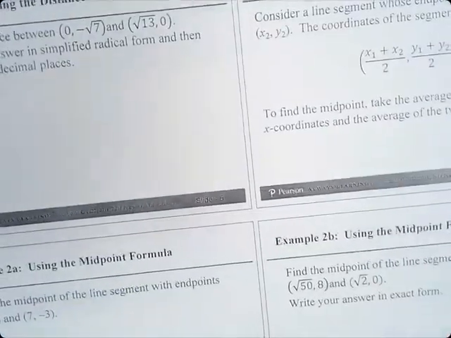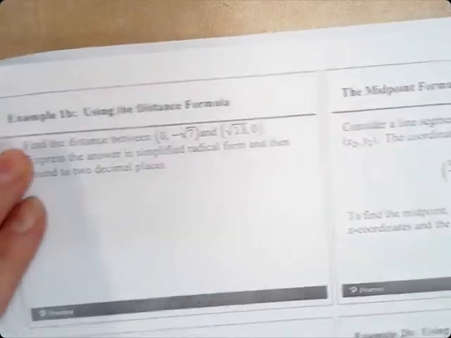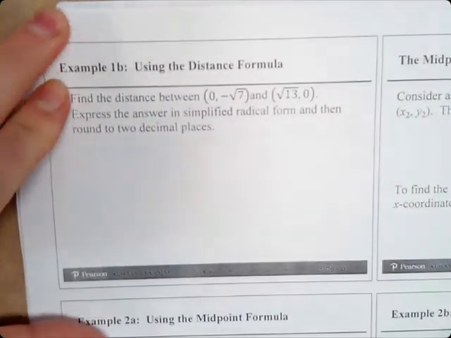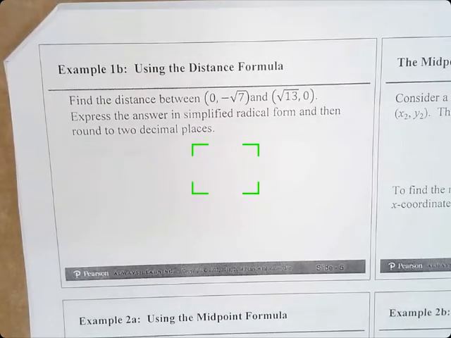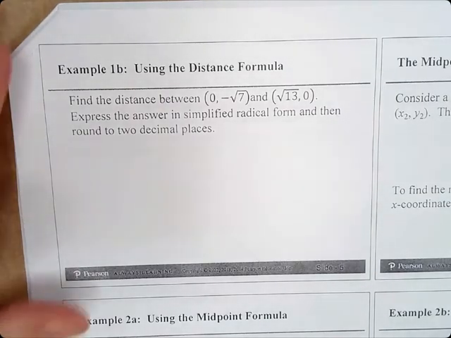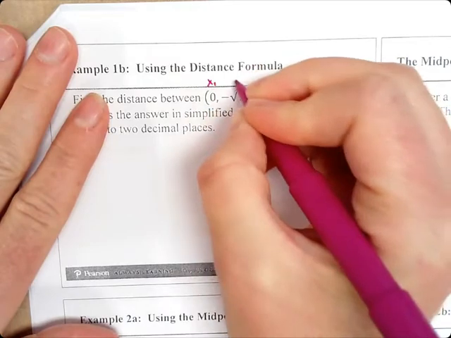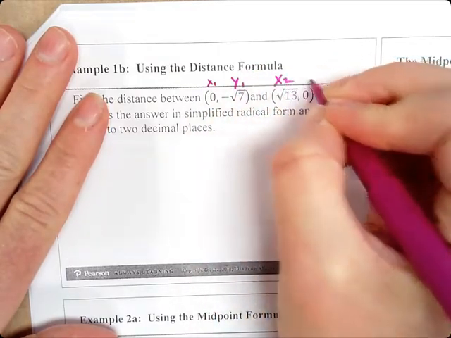All right, let's do the distance, look at our points here. So let's say your points have radicals in them. You can still find the distance using the same formula. So we have x1, y1, x2, y2.